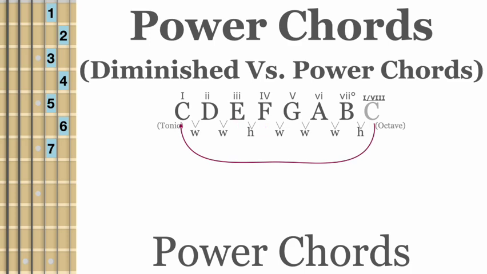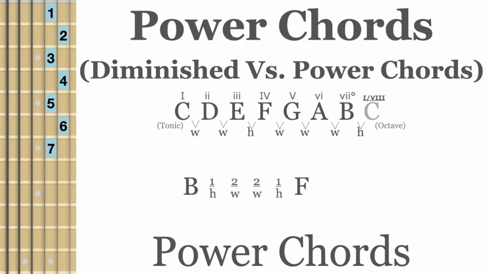And so when we look at B to F, F is the 5th of B, okay? So we get from B to F by moving up a half step, a whole step, a whole step, a half step, right? And that's how we get to the 5th. However, that half step, half step, it might be a 5th, right?